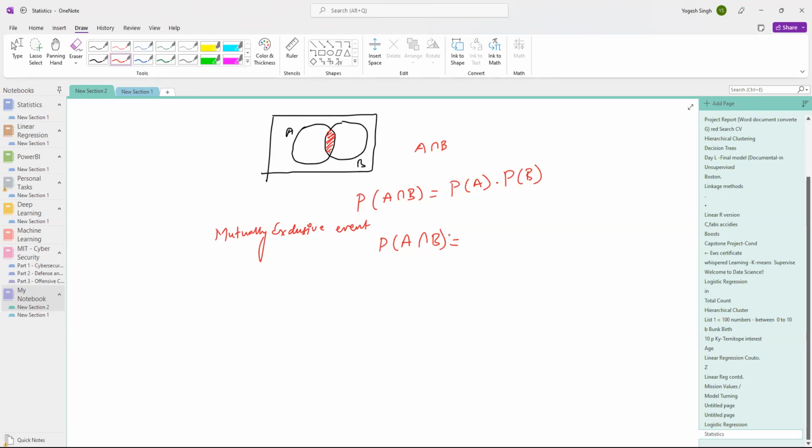Okay, and why? Because in mutually exclusive events, both the events cannot occur together. So since both cannot occur together, it means they will never happen together. And when they never happen together, the probability of both of them occurring together will be 0.